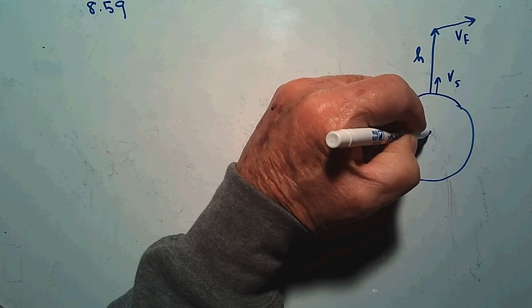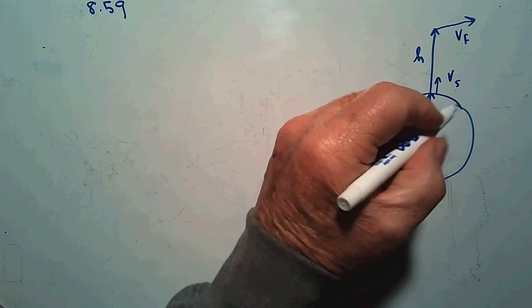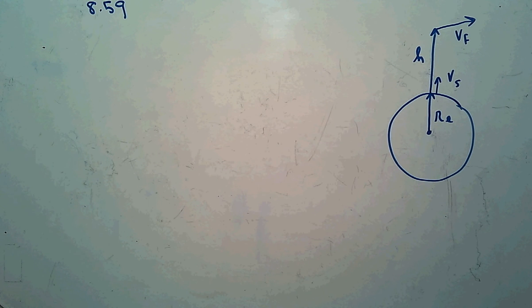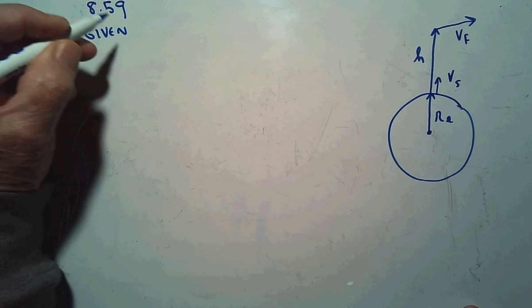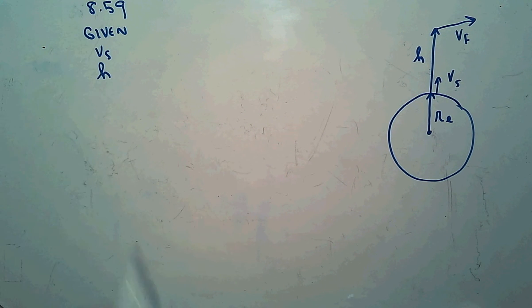But since we're going to be calculating the potential energy, because this problem can be solved with conservation of energy, we're going to have to take into account that potential energies are measured with respect to the center of the Earth. So, of course, we're given that it has some starting velocity and it's going to go to some altitude.